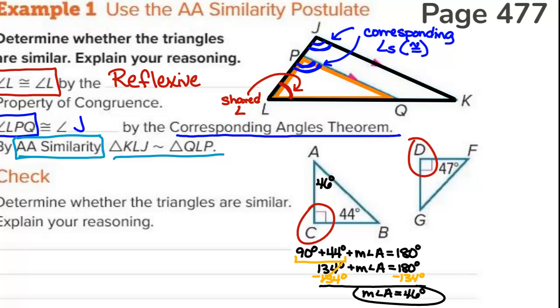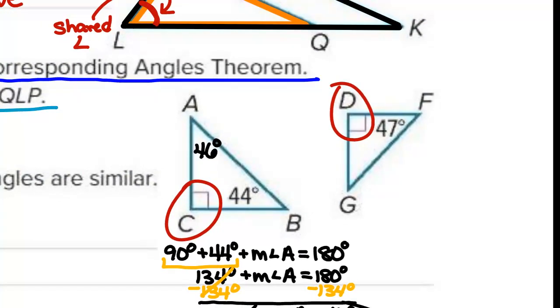Do I have enough now to say that these two triangles are similar or not similar? Or do I need to do a little bit more? 44 doesn't match 47, and 46 doesn't match 47. Remember, we have to have 3 pairs of corresponding congruent angles in similar triangles.